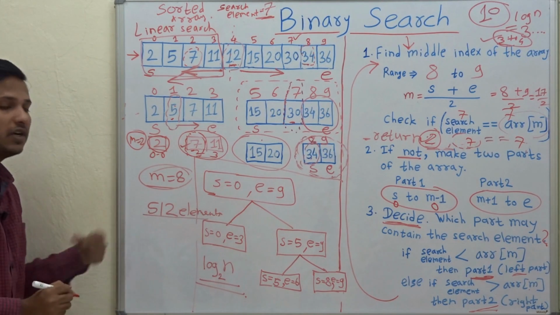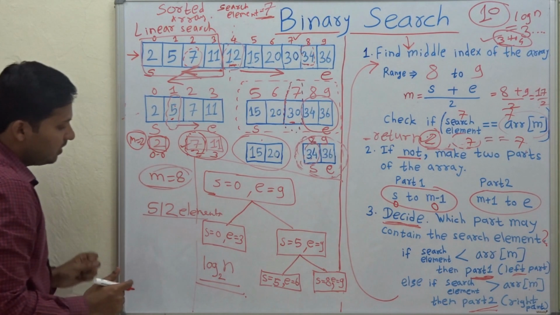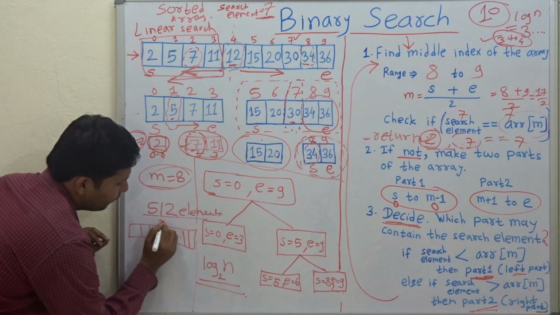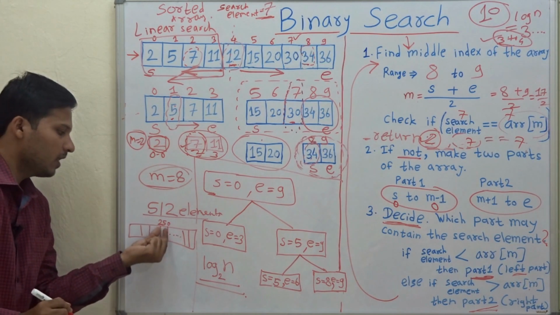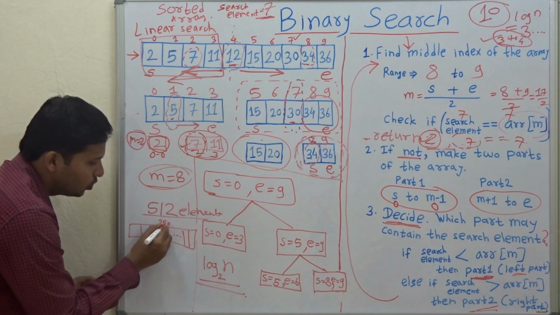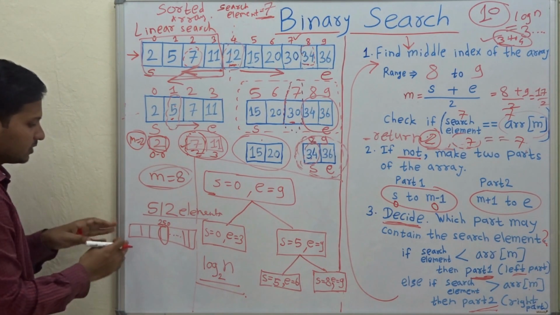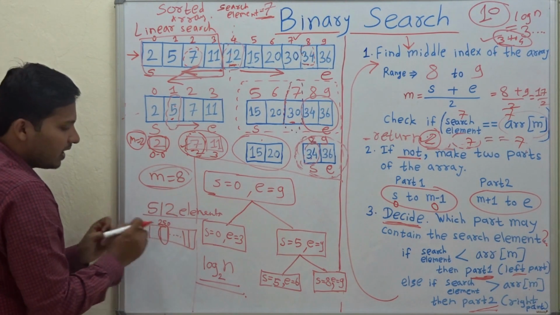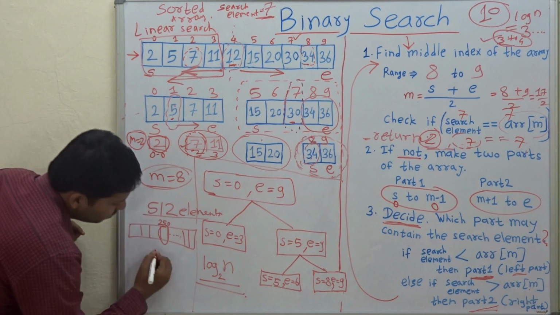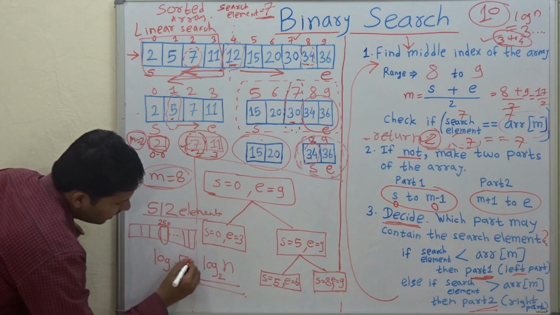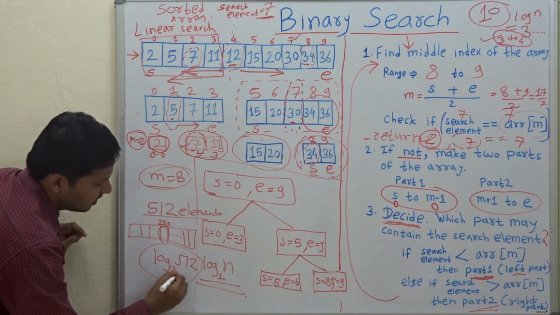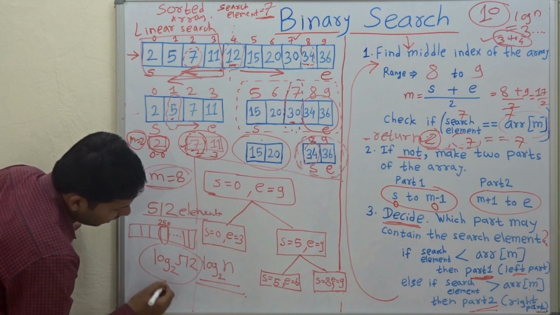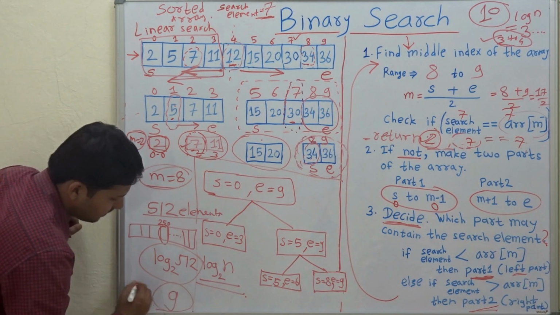If your element is at the 250th location, then you need log 512 memory accesses, to the base 2. That means you need about 9 memory accesses.